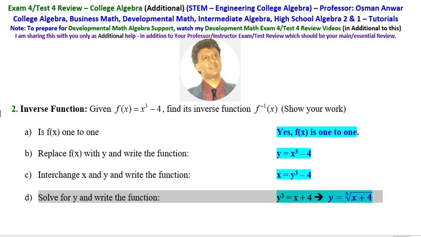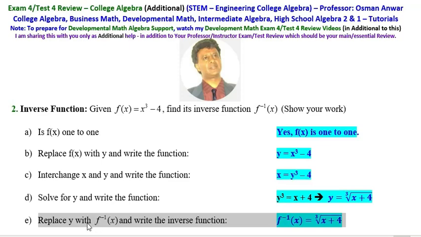The next step, D, is to solve for y and write the function. That is, y cubed equals x plus 4. That means y is the cube root of x plus 4. The last step is to replace y with f inverse of x and write the inverse. That is, f inverse of x is equal to the cube root of x plus 4.